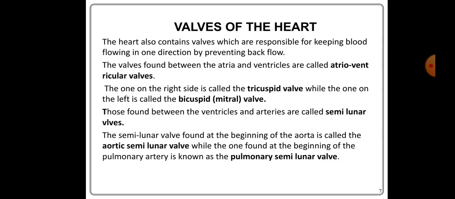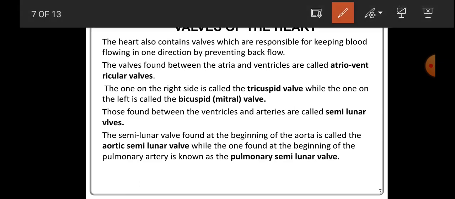Then at this point, we'll be looking at the valves of the heart. These valves are important as they prevent the backflow of blood. The heart contains valves which are responsible for keeping blood flowing in one direction, thereby preventing backflow.